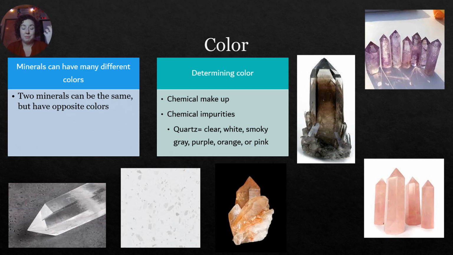But because of the impurities, quartz can turn towards amethyst, so purple, or rose quartz, which is pink, or a citrine, which is orange, or you have a quartz countertop, or you get really pretty quartz with mica muscovite. Gorgeous. But color is probably the least reliable, but it at least gives you a starting point. What should you be looking at? That sort of thing.